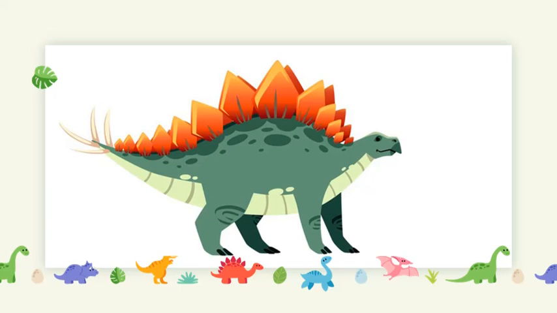So, which action do the children use for Stegosaurus? Clap and stomp. Here again we have the word stomp. Can you tell me another animal which claps? Yes, a seal claps, and so do monkeys.